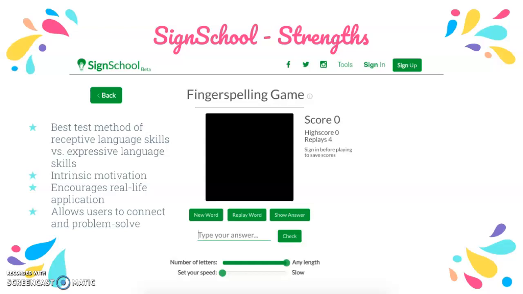This was the best test method of receptive language skills versus expressive language skills. I found that it had more of an intrinsic motivation. It encouraged real-life application, so I was able to follow along a person signing specific words, and it also allows the user to connect and problem solve.